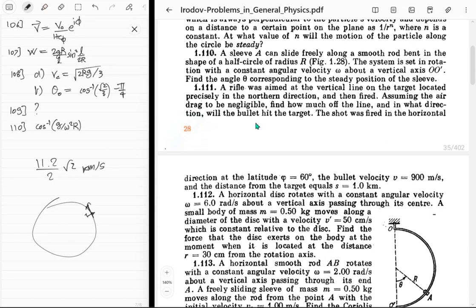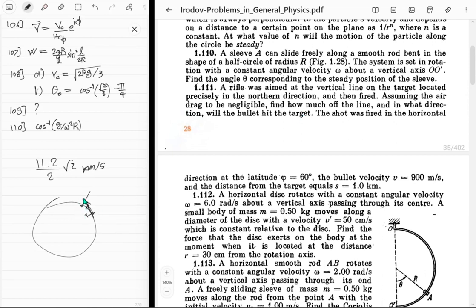Okay, so the question is, the rifle was aimed at a vertical line on a target located precisely in the northern direction, so somewhere over here, and then fired, assuming air drag is negligible. Find how much off the line. What do they mean by the line? They mean how much off this vertical line, so basically what is the Coriolis effect's shift on this.